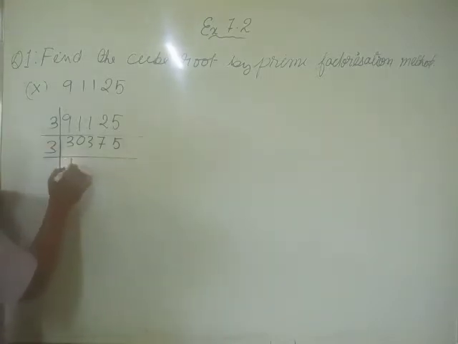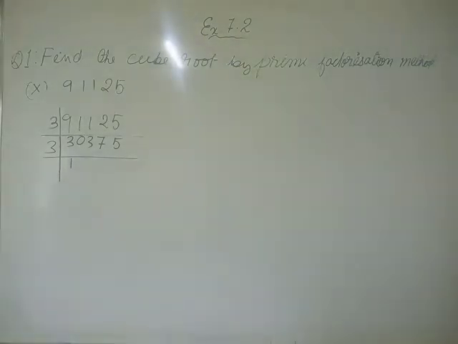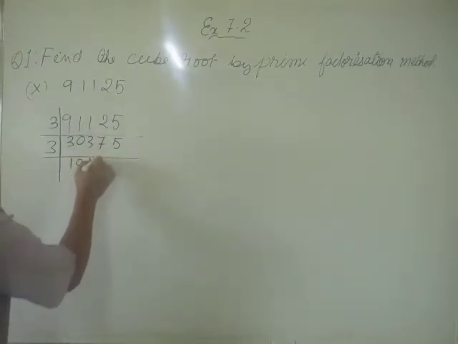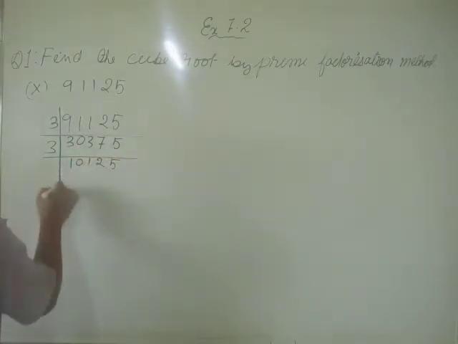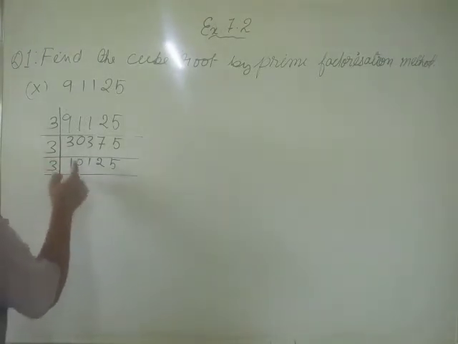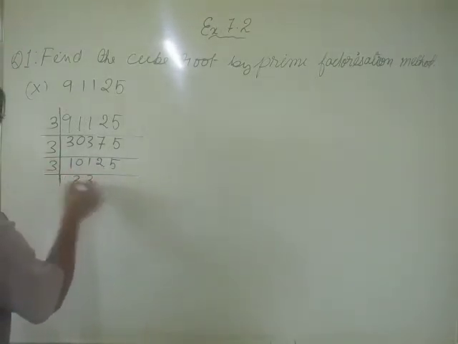3 1 is 3, and 3 0, yes, 3 1 is 3 and 3 1 is 0. Then 3 1 is 3, 3 2 is 6, 3 5 is 15. Again here, still 3, 3 3s are 9, 1, and again 3 3s are 9.